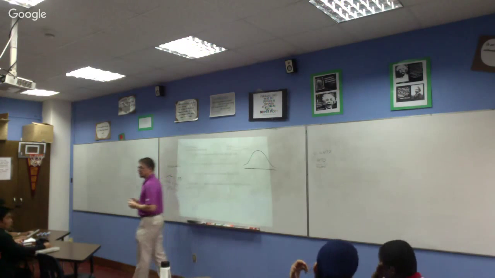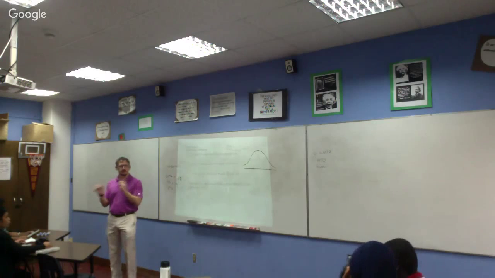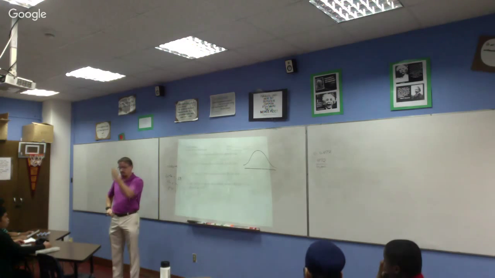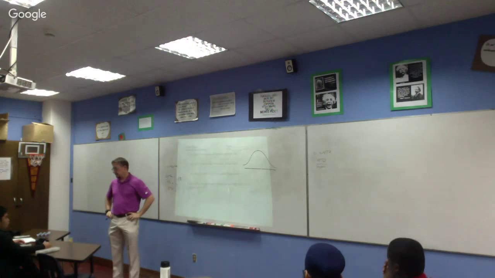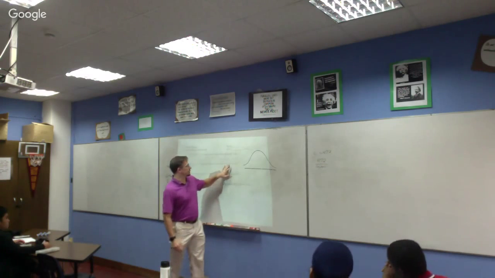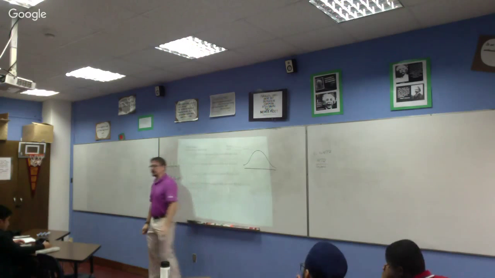Let's think about this. Right at my mean, how much area is to the left of my mean? 50%, 0.5. How much is to the right? 50%, 0.5.